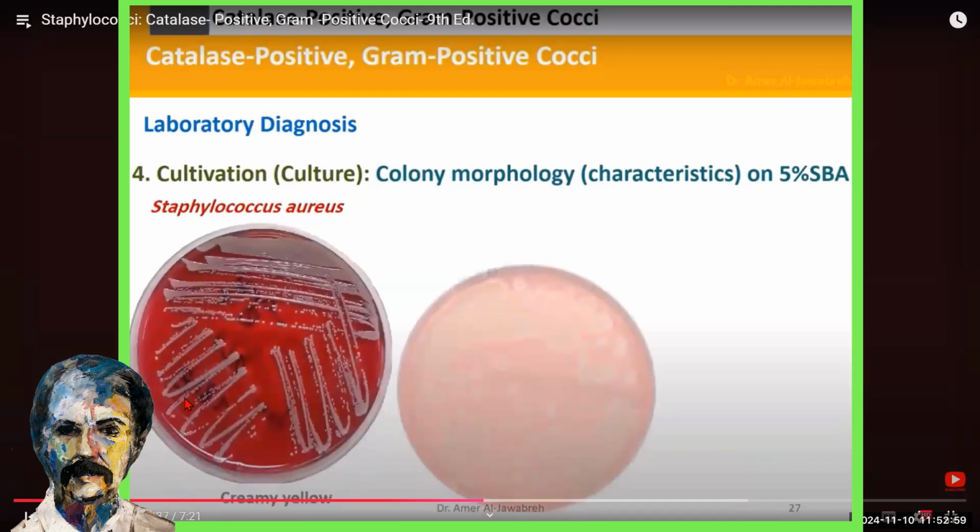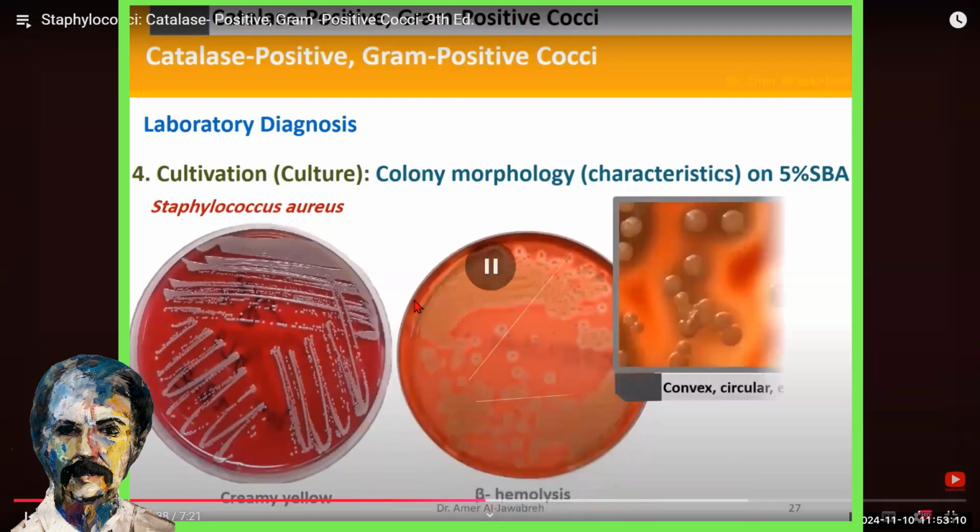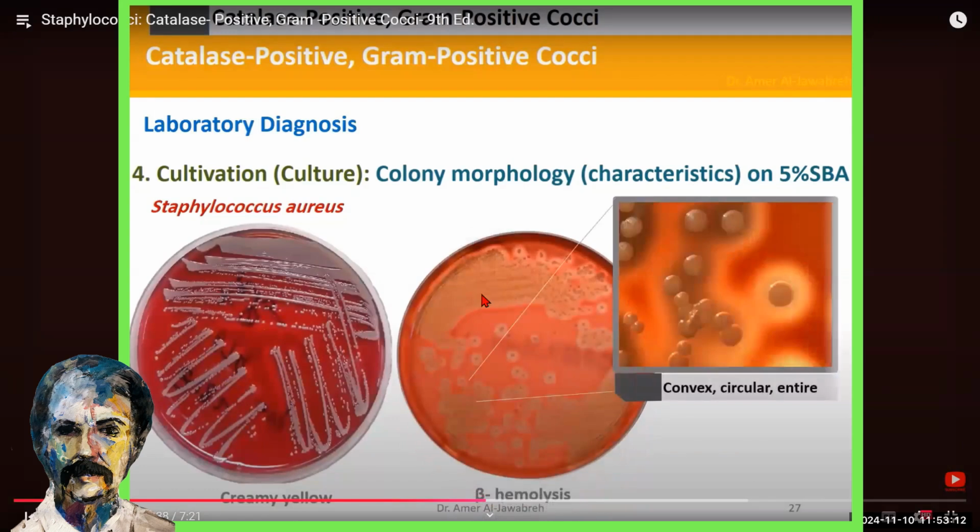See, this one looks creamy. Is it white? No. Is it yellow? No. Sometimes it's creamy like this or creamy yellow. And look at this. What's this? Hemolysis. And the hemolysis is really clearly displayed. No blood here. It means that the bacteria have eaten all the blood, leaving no blood here. We call this hemolysis.